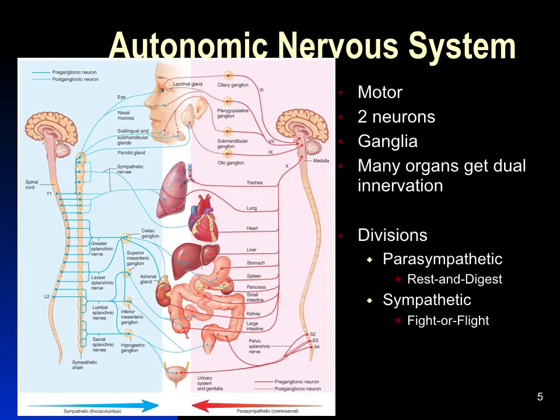The one division is the parasympathetic division, which controls kind of homeostatic functions, and it gets its response name from rest and digest because it generally promotes those activities. The other division is the sympathetic division that controls a response that gets us ready for action, and it's the fight or flight response.